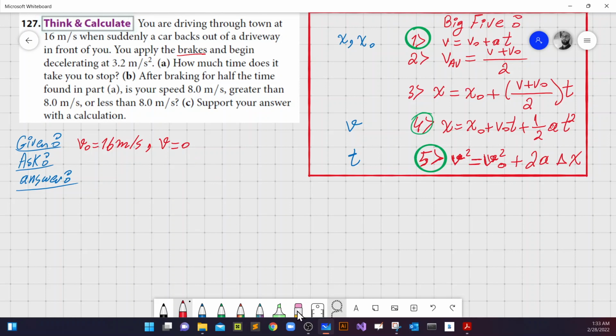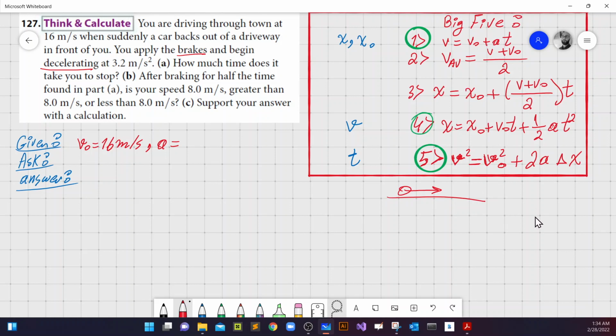Not mentioned until now, so we're going to write the acceleration here. Since it's decelerating, let's suppose we are going in the positive direction. If we want to decelerate, we need to apply a negative acceleration, because whenever the direction of velocity is opposite to the direction of acceleration, we have decelerated motion.